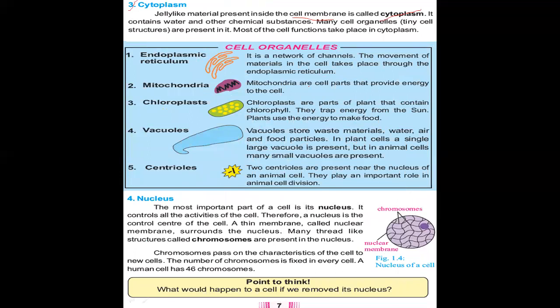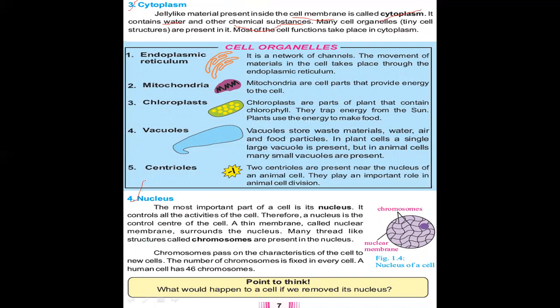So that jelly-like substance which is present in the cell, that is cytoplasm, and that contains actually water and some other chemical substances, and many organelles are present in the cell. We will talk about these organelles later on after studying nucleus.